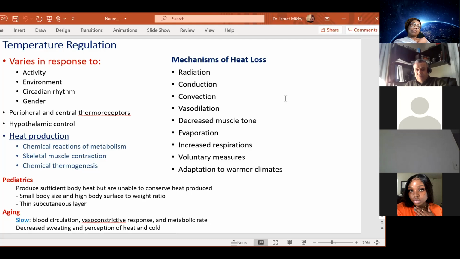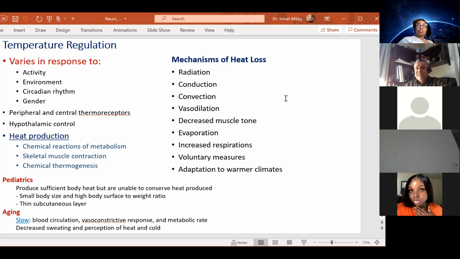Now, next is temperature regulation. We briefly went over fever and how fever develops, when we talked about infections and pyrogens, exogenous and endogenous pyrogens, the bacteria and its toxins like lipopolysaccharides.